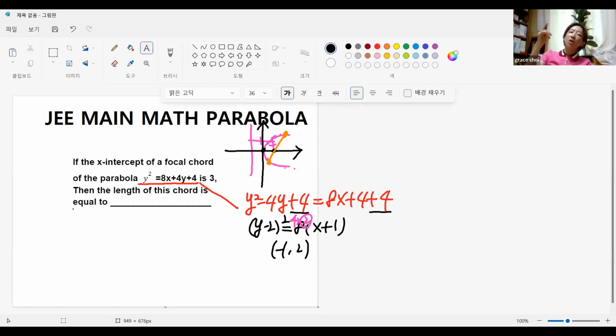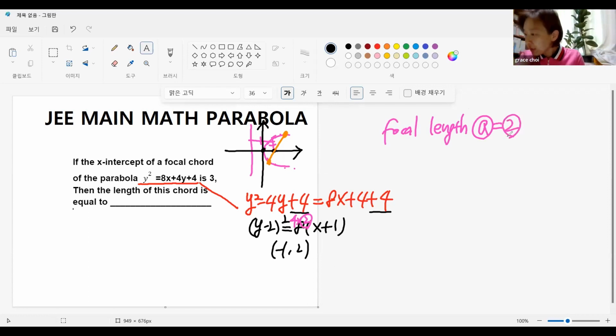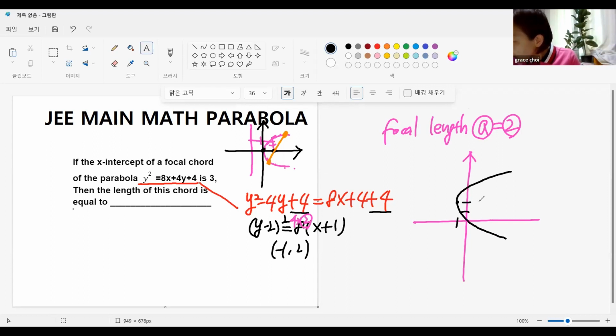Another name is focal length. Usually we call it a. So a equals 2. Okay, draw the graph very beautifully: (-1, 2) is the vertex. The focal length is positive, so the length is literally 2.